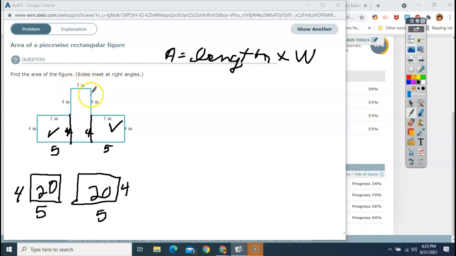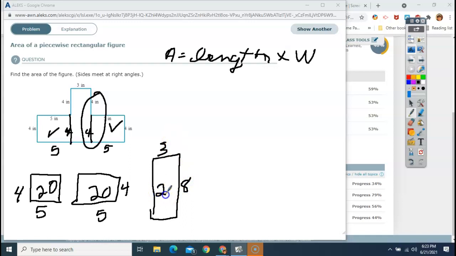And then I have this one. This part is 3, but if you look at this 4 and that 4, this whole rectangle is actually 3, and I have to add these 2 numbers up. So that's 8. 3 times 8 is 24. Because the length of the first part is 4, and then because I took it all the way down, it's 4 as well.